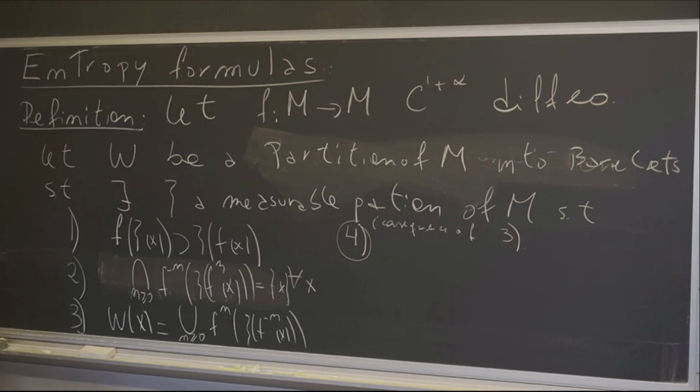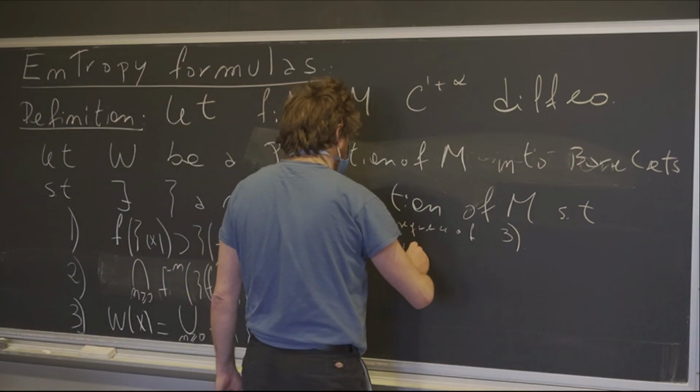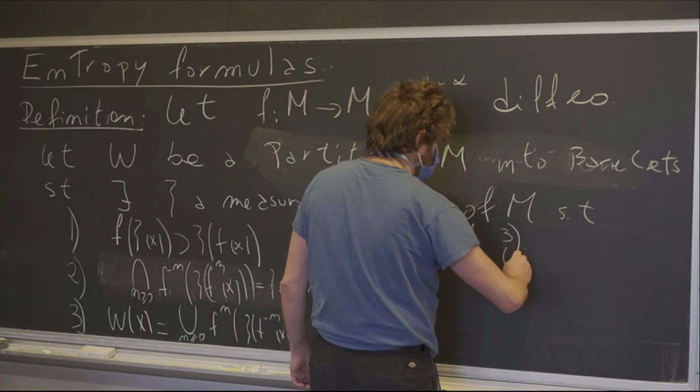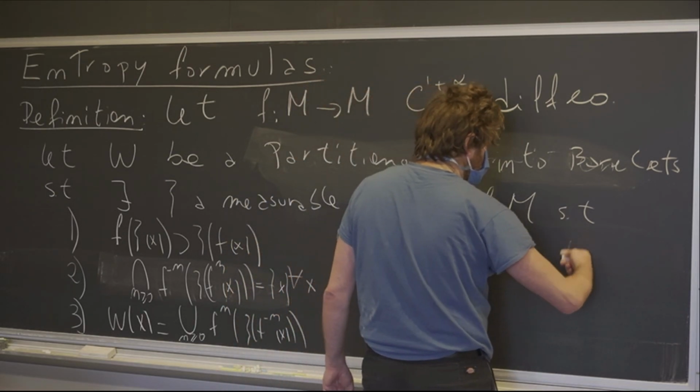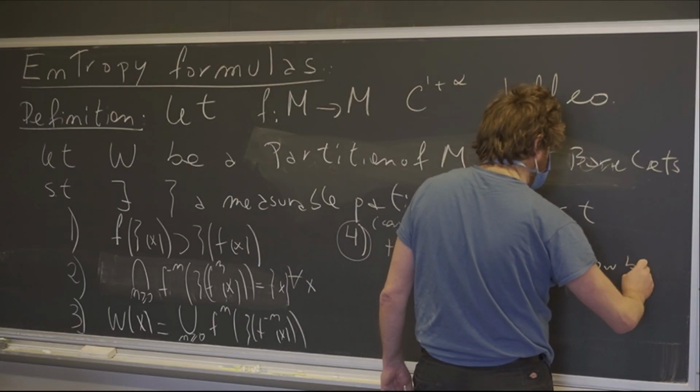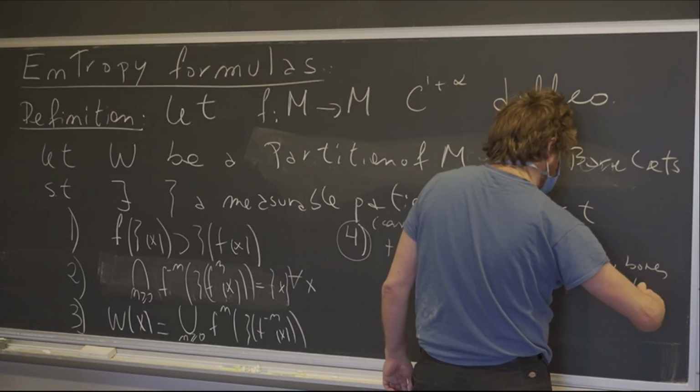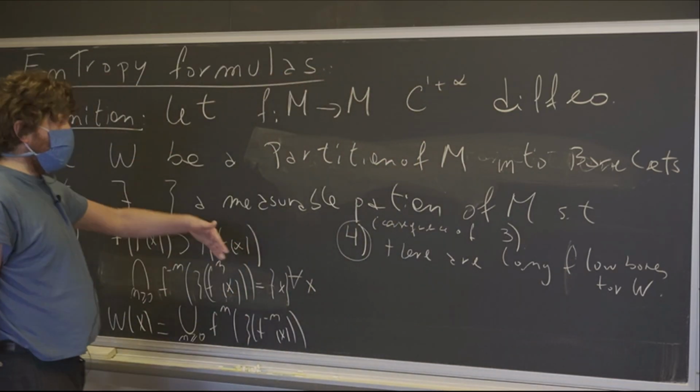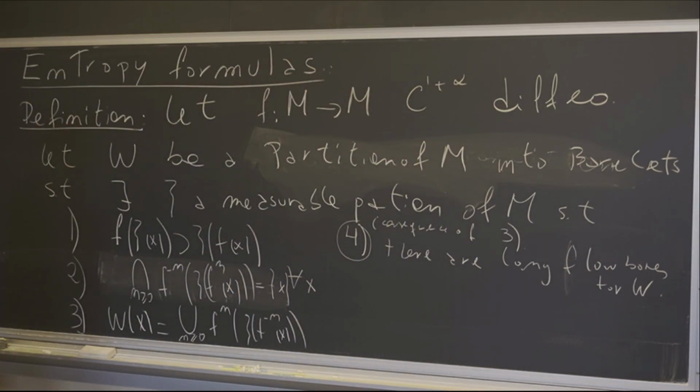Or should be a consequence of 3 after all, which is there are long flow boxes for W, so that I can apply the second Rokhlin lemma to this W as well. I think that's all I need essentially.